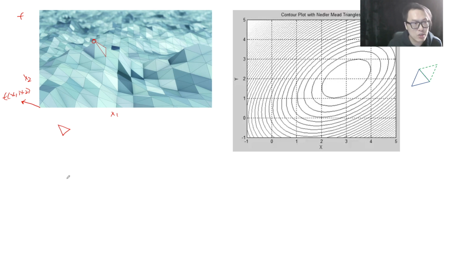We locate the highest point and then create another triangle. Flip this triangle so that this point becomes this point. We expect that this point is lower than this point. That is something like what we have done with the four-legged man in the previous video clip.